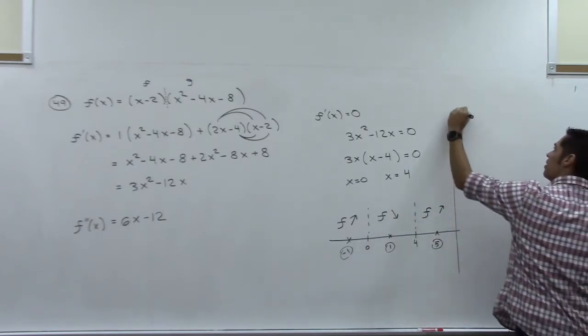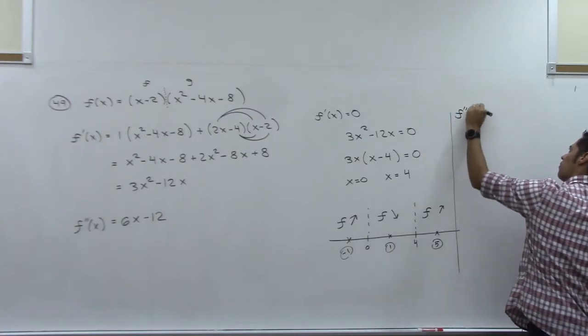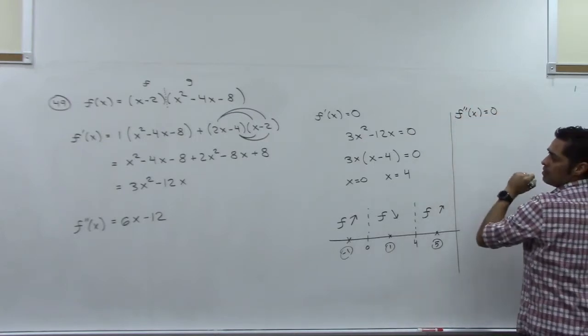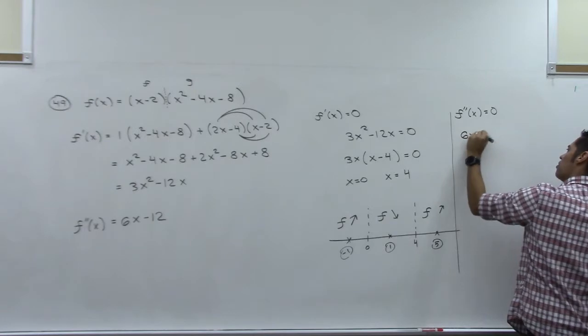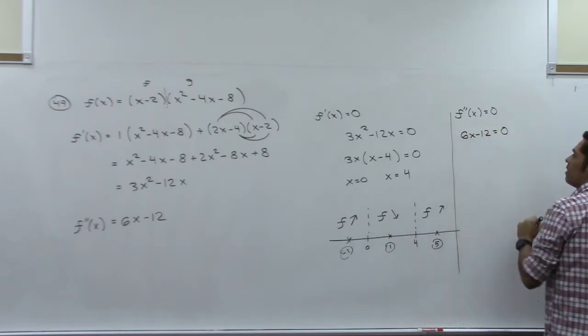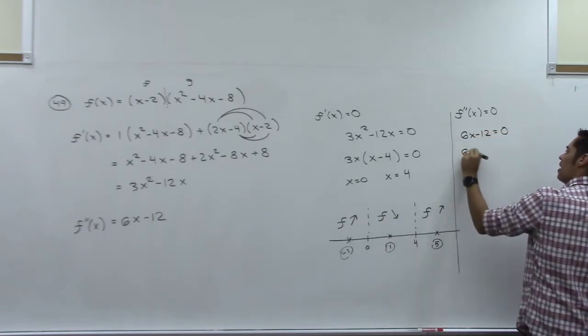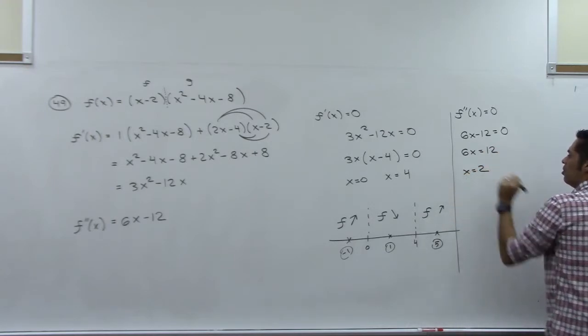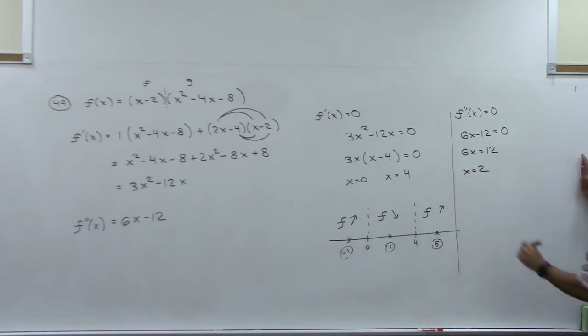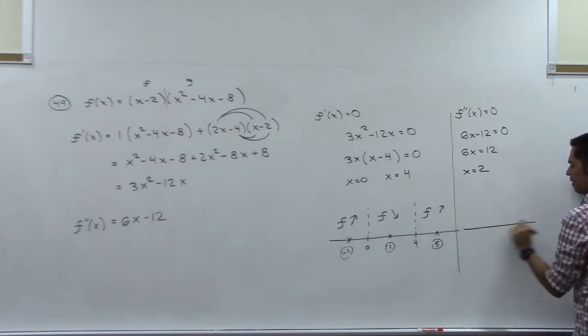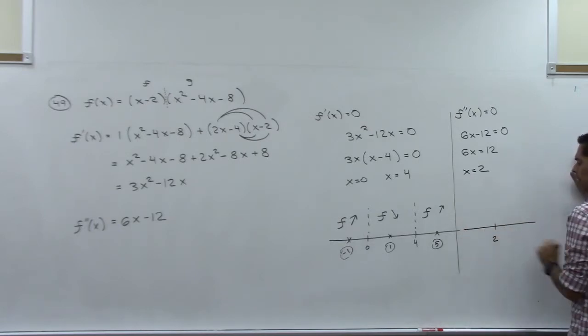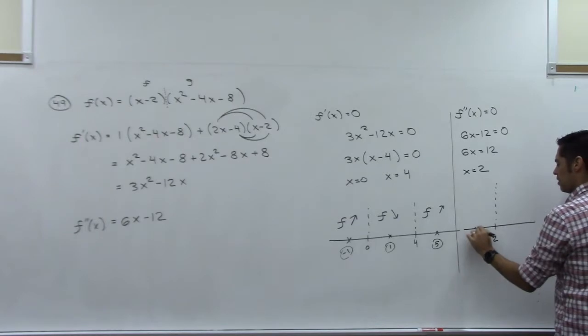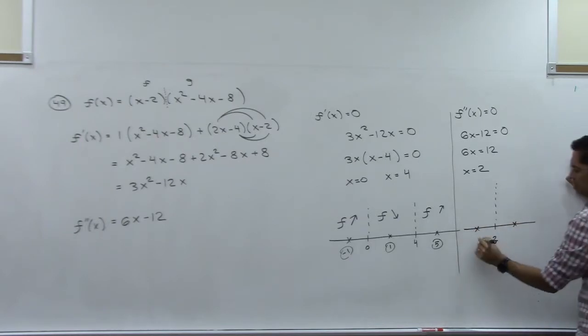Now let's take a look at the second derivative. Where is that 0? So the second derivative is 6x minus 12. I want to know where that's 0. So that's 6x equals 12, moving the 12 to the other side. So x is 2. So I only have one result there. So if I draw a number line, 2, I have to pick two test points, here and here. So this should be pretty straightforward.